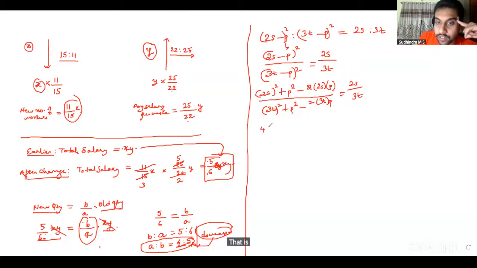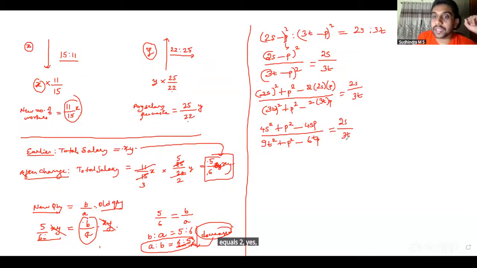That is 4s square plus p square minus 4sp divided by 9t square plus p square minus 6tp equals 2s divided by 3t. Now what can I do?